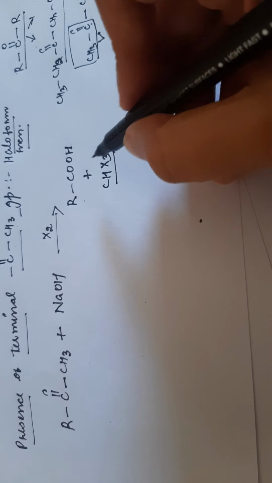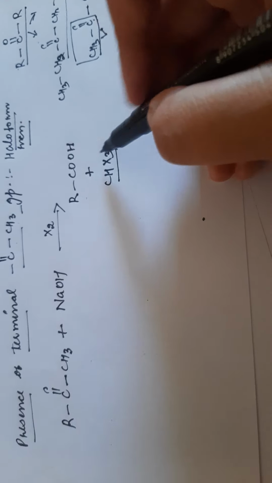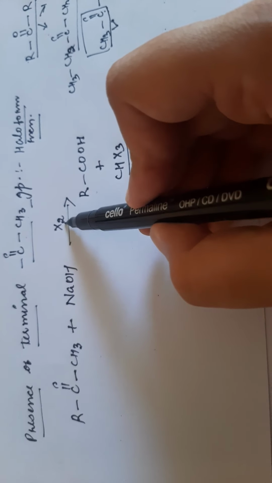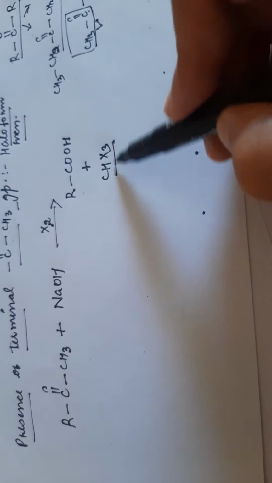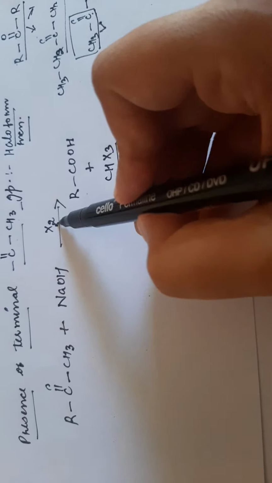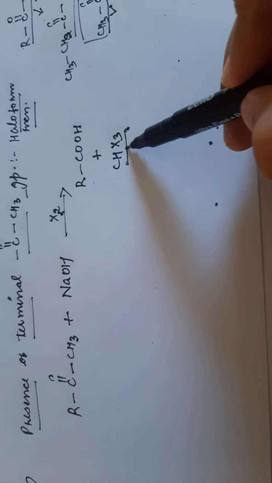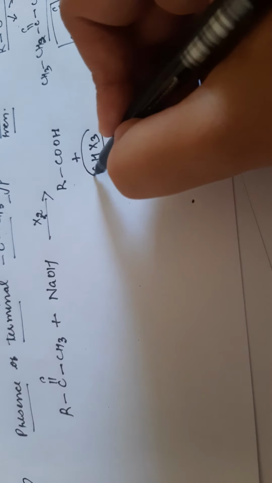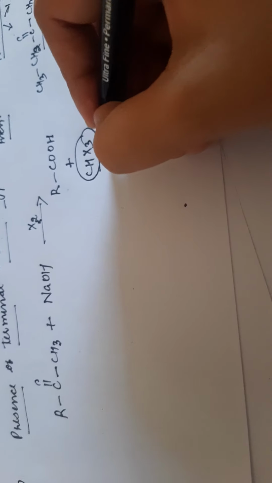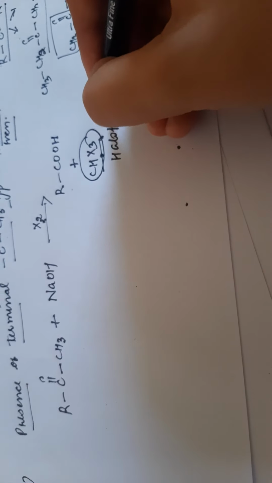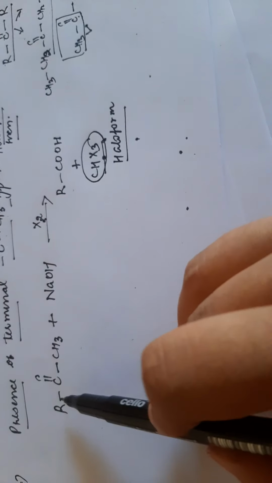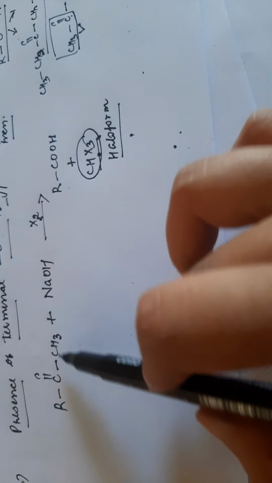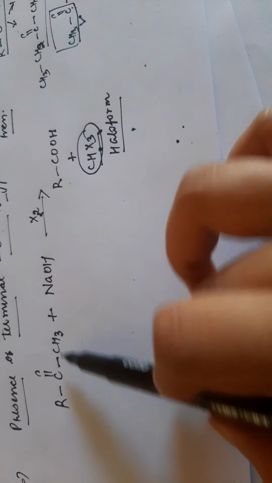This haloform may be chloroform or iodoform, depending upon the gas that we are taking here. If X is Cl, then it will be chloroform. If it is iodine, then it will be iodoform. This haloform is only formed if the terpenoid has a terminal carbonyl group.